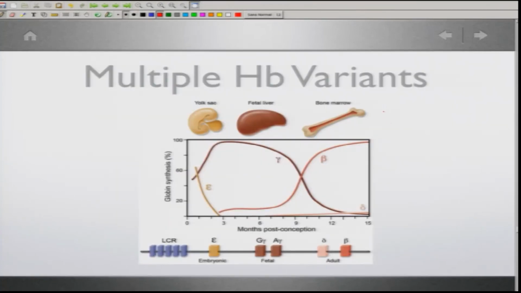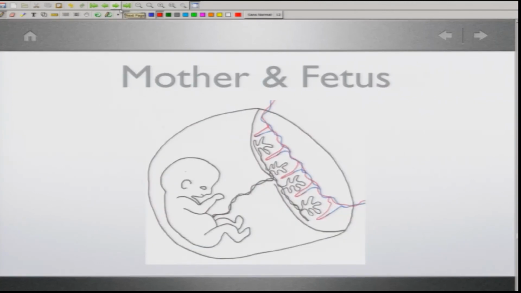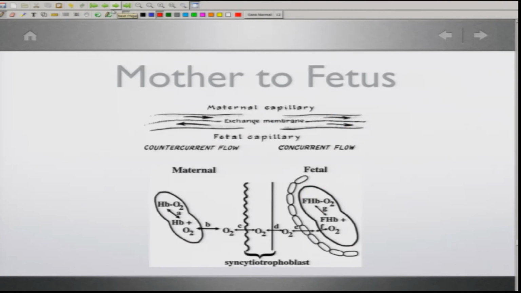So, there are multiple variants of hemoglobins, what you can see: fetal liver, bone marrow, and yolk sac. I will leave it for you to go through, and this is how the maternal connectivity happens when it has to transport the blood and all other things. This is how the oxygen is being transported. Now, this is the maternal side, the hemoglobin present here and the hemoglobin present here.